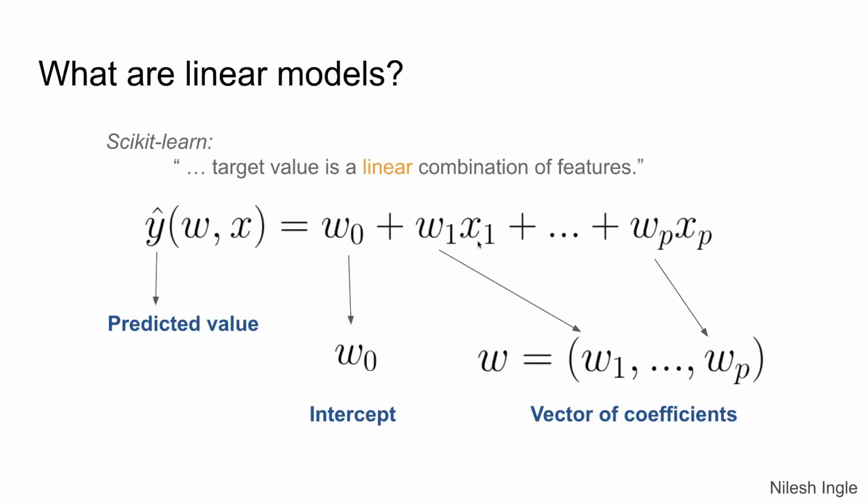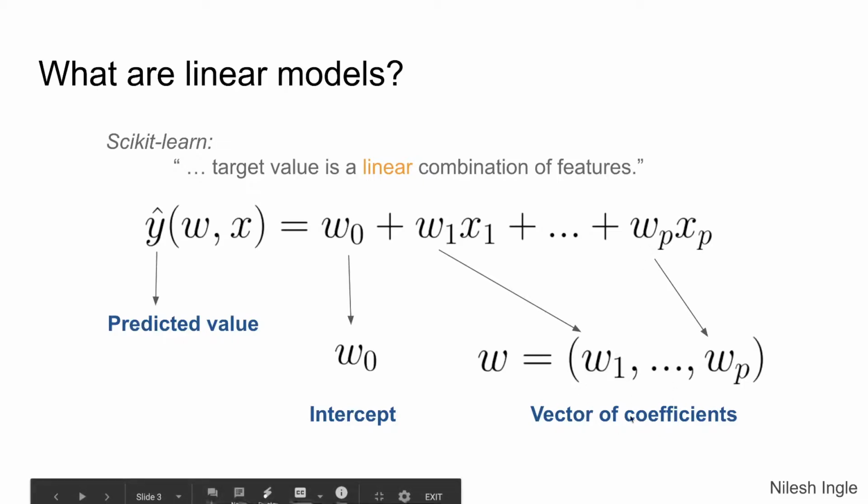Here we have these features which are x1, x2, x3 all the way up to xp, and they are all linearly related, as in the parameters that join them are w0, w1, w2, w3 up to wn, as shown here as well.